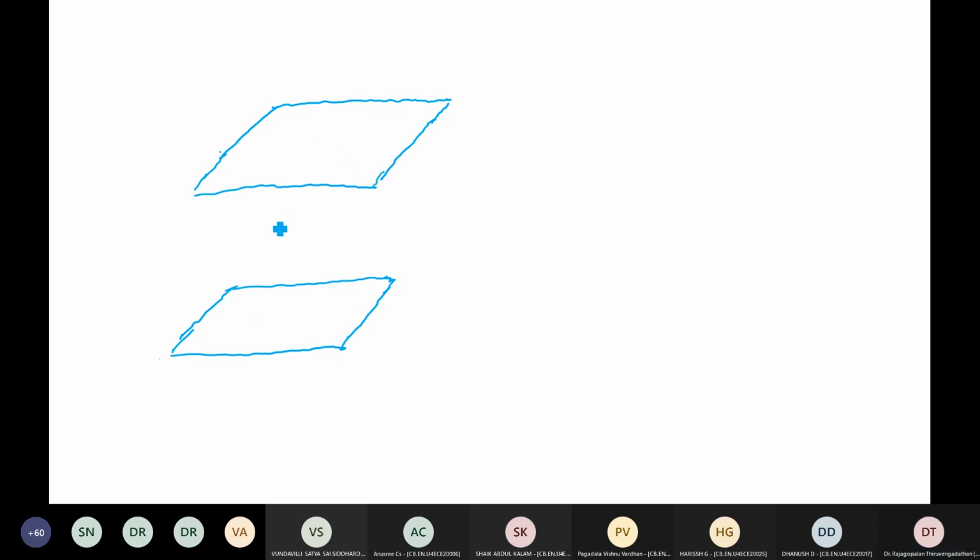And this region, as I told you, is separated by distance D. And let us say I connect it to a battery. We are going to try to understand the working of a capacitor, or how the geometry responds when you subject the pair of parallel conducting plates to an applied field.